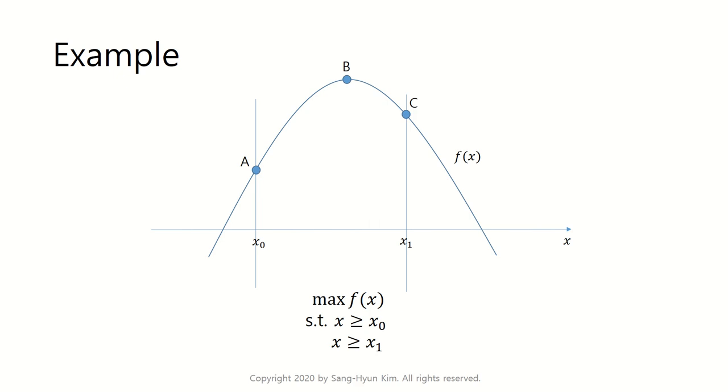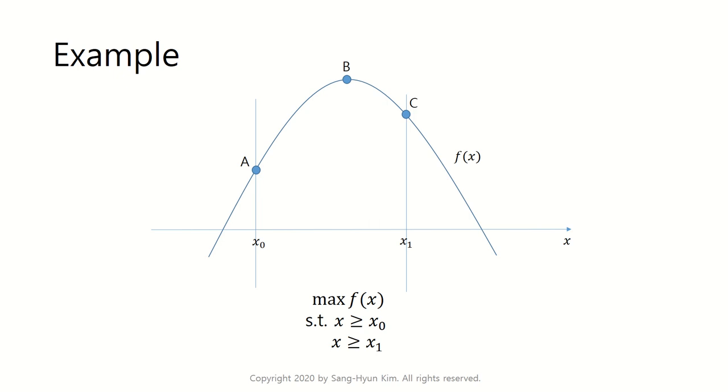Okay, so let's think about this. We have two constraints. One is x should be greater than or equal to x0. The other is x should be greater than or equal to x1. So we have two constraints, and some of you have figured out that not all constraints are important.